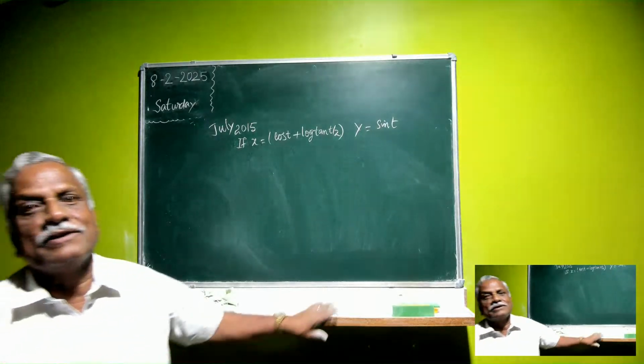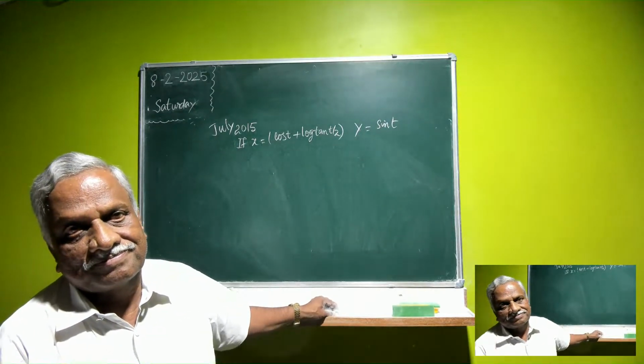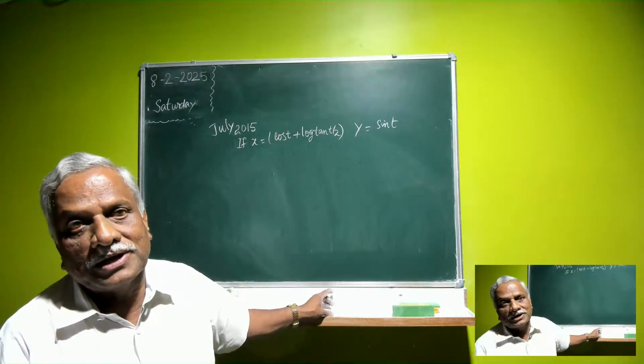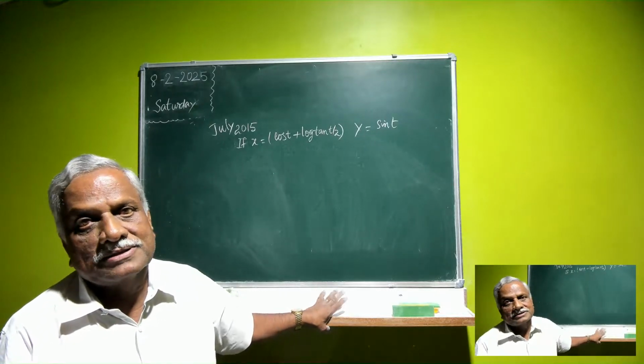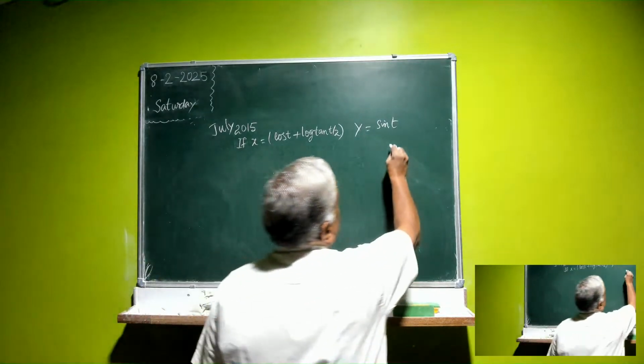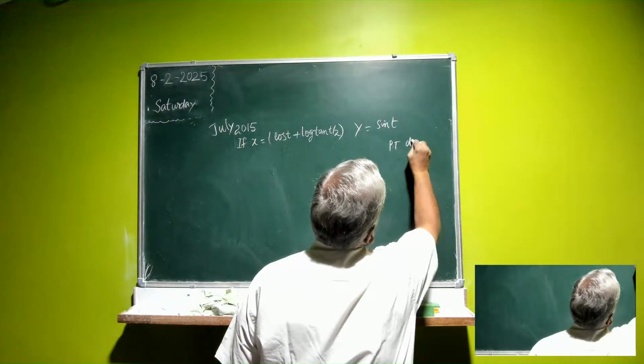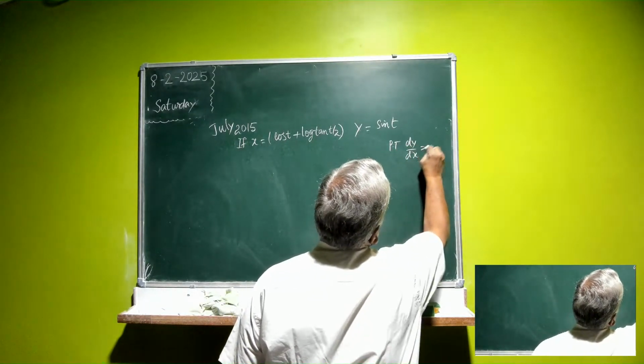Thank God that they have not given the prove part. So when they have not given that, if the differentiation is right, you can get the complete marks. Actually, this problem is: prove that dy by dx is equal to tan t.